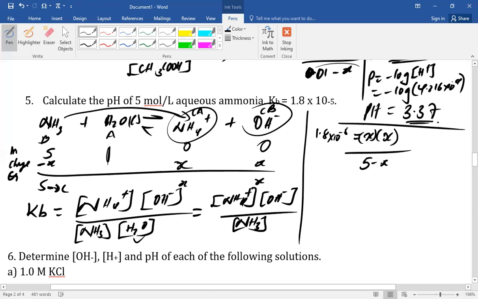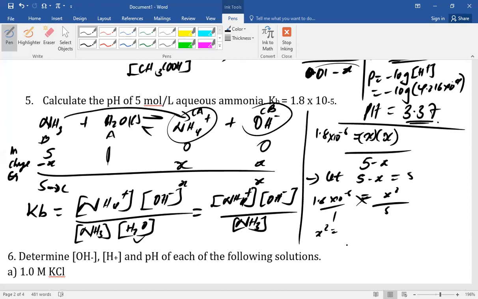Here, because x is very small, we make an assumption: let 5 minus x be equal to 5. So we have 1.8 times 10 power negative 5 is equal to x squared over 5. Make this over 1 and cross multiply. So x squared is going to be 5 times 1.8 times 10 to the negative 5.